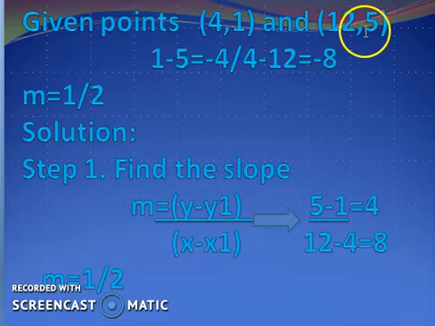So we can subtract y minus y sub 1. You can assign in a different way, as long as you pair them correctly. You cannot make this 4 your x sub 1 and your y sub 1 the 5.